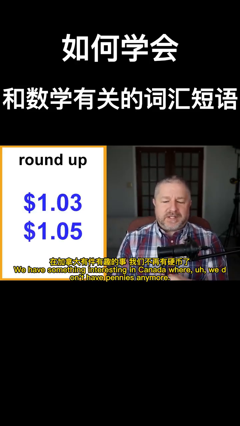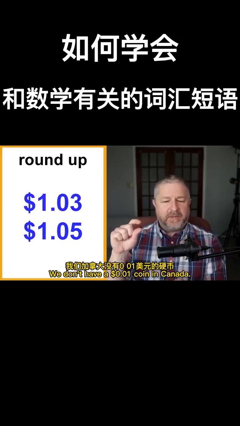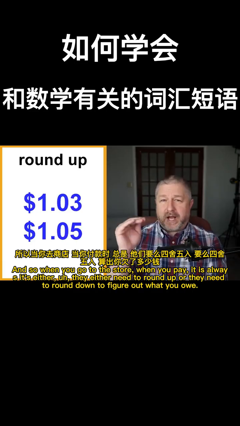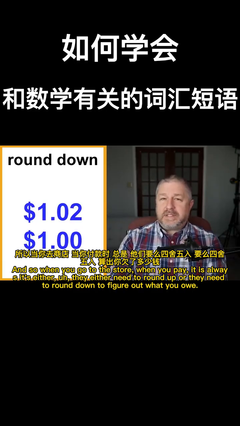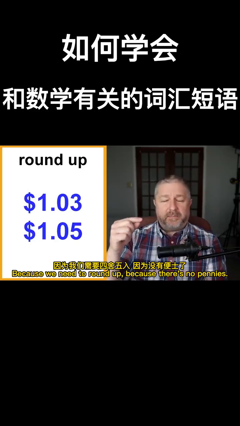We have something interesting in Canada where we don't have pennies anymore. We don't have a 1-cent coin in Canada. And so when you go to the store, when you pay, they either need to round up or they need to round down to figure out what you owe. So if I buy something and the total is $1.03, the machine automatically charges me $1.05 because we need to round up because there's no pennies.